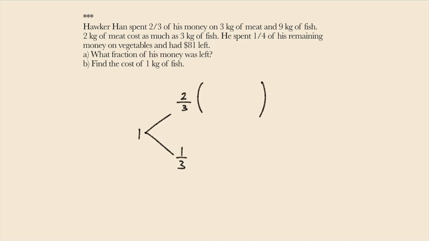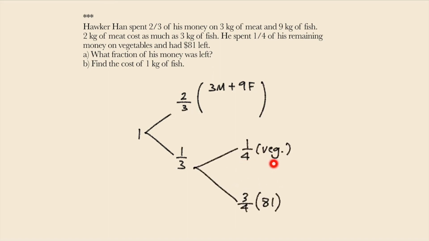How would the diagram look? 2/3 on 3 kg of meat, so I'll call that 3M for simplicity's sake, plus 9 kg of fish. Which means the other branch is 1/3. Then 1/4 of that remainder on vegetables, and 3/4 left, and that's 81 actual dollars.